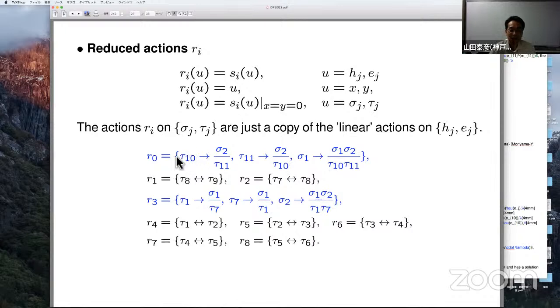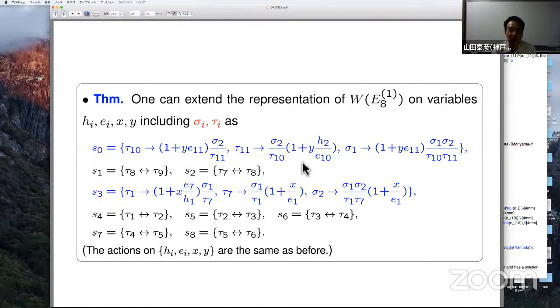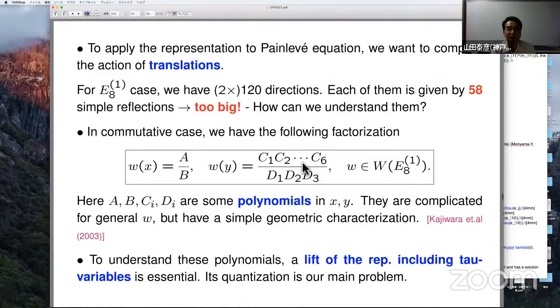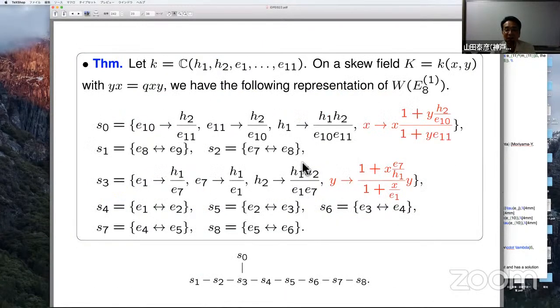So in view of this, this action is a deformation of the multiplicative linear action on the E and H variables.